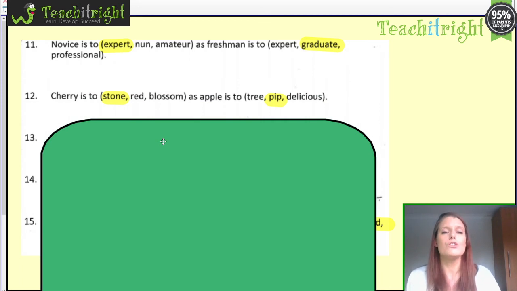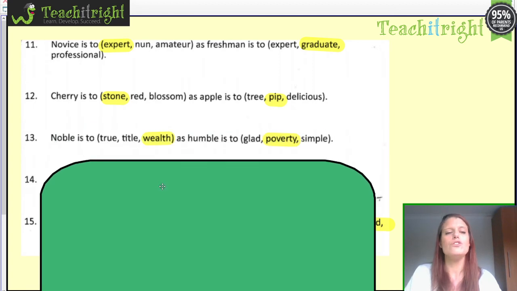Cherry is to stone as apple is to pip. Talking about the stone and the seeds inside each fruit. Noble is to wealth as humble is to poverty.